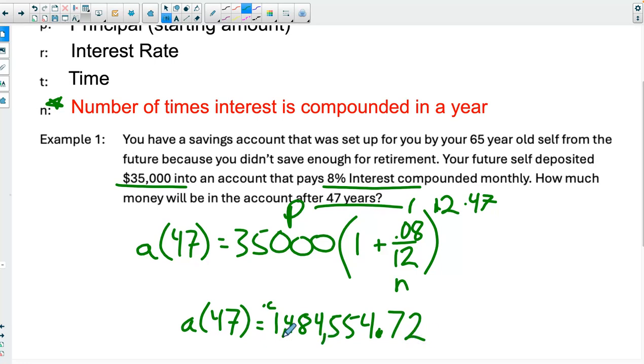And so, future self did a good job. His future self saved roughly $1.5 million for us. Anybody not getting this number? Because I want to make sure you get this number right now. Just start with 1 plus 0.08 divided by 12. Enter. Exponent key.